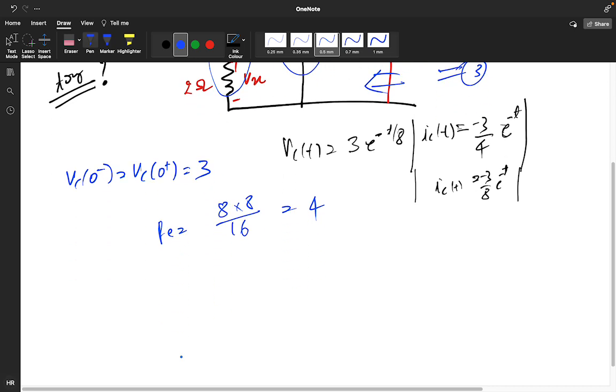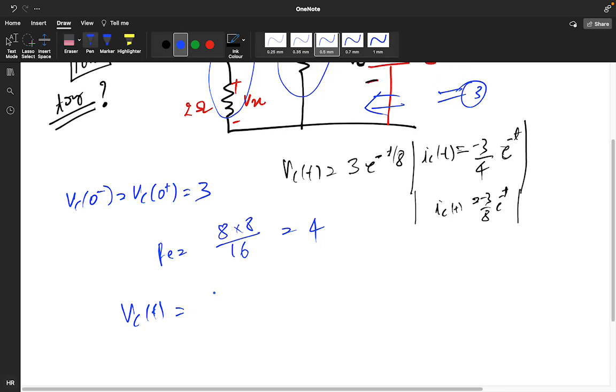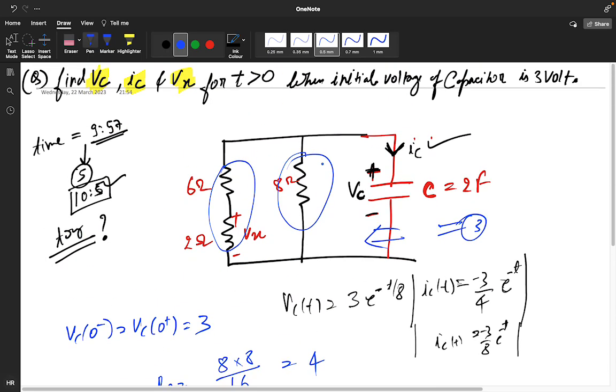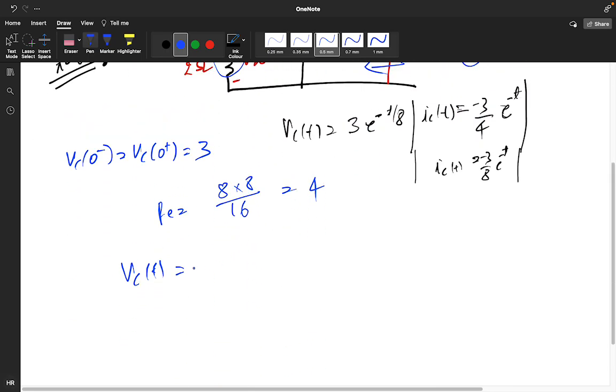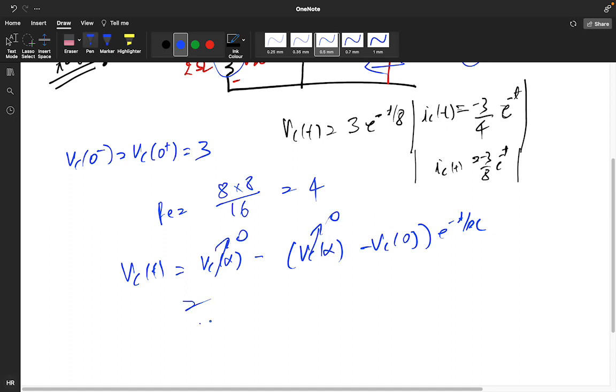So what is the equation of VC of t you will get? VC of t is equal to VC infinite minus VC of 0 e power minus t by RC. How much will VC infinite be? Because there is no source, it will be 0. So we get VC of 0 e power minus t by RC.